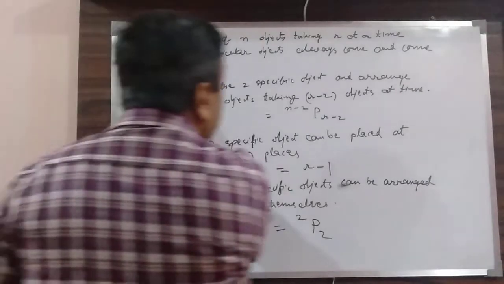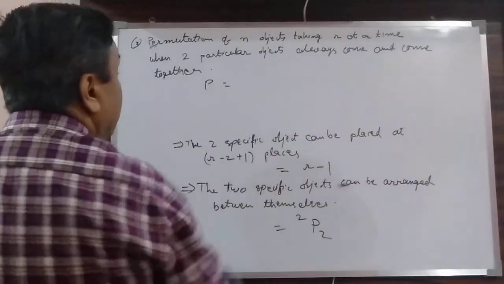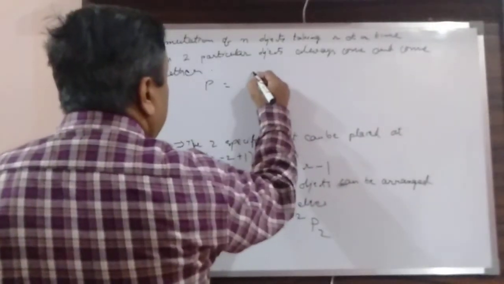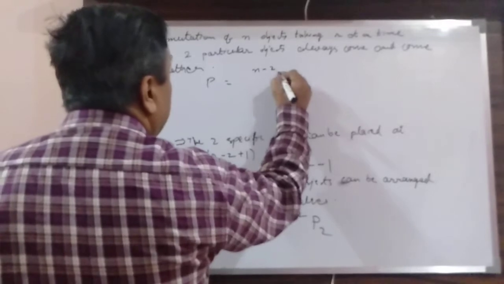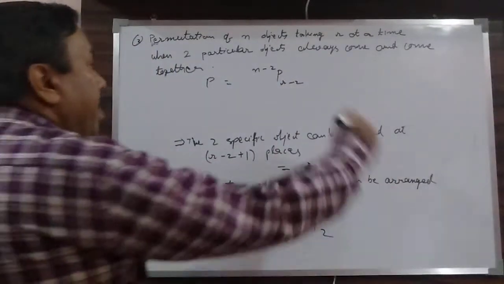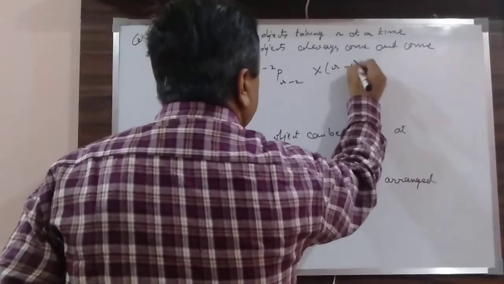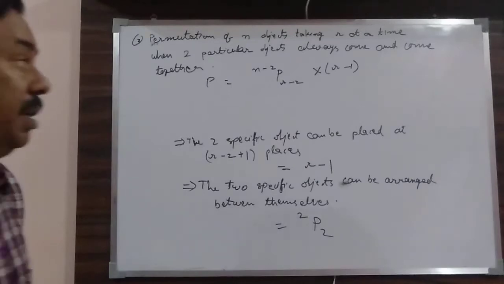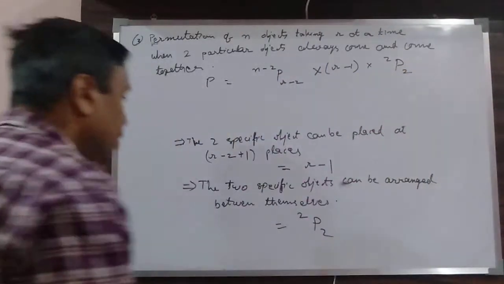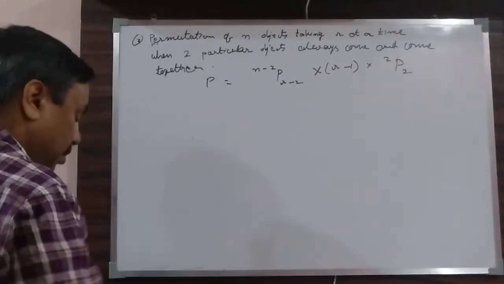So in that case, the total number of ways will be first n minus 2 P r minus 2, multiplied by the second one, that is r minus 1, multiplied by 2P2.